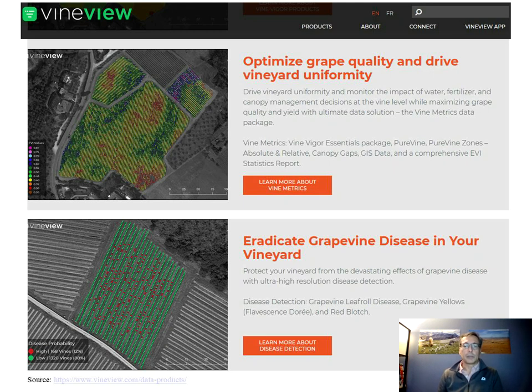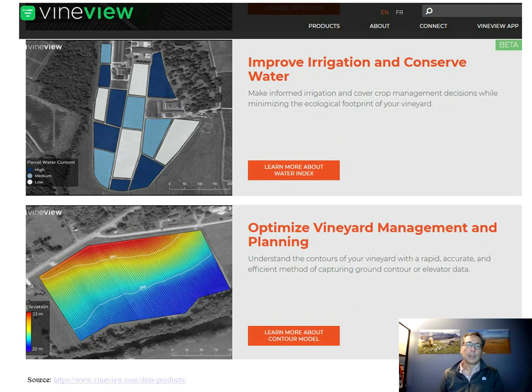You can also identify disease points within your orchard or vineyard very quickly without having to go out and scout in person. And this allows you to be more proactive in terms of your disease management. You can also use sensors in different parts of your operation to identify areas that need specific management, such as irrigation.